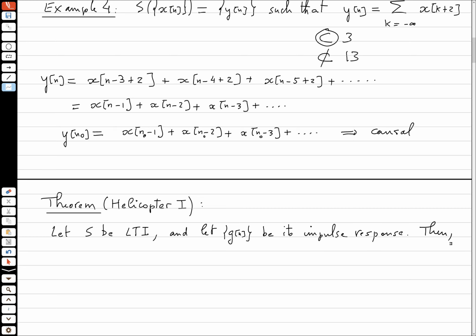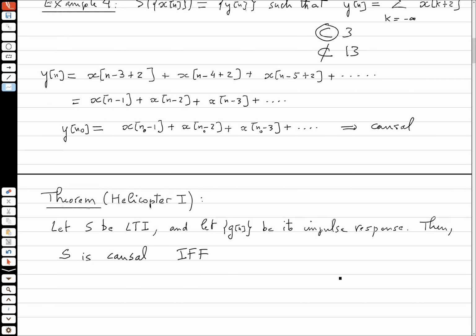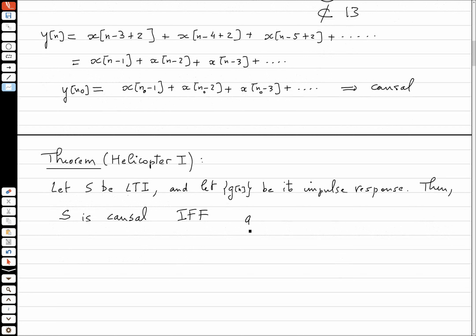Then the theorem says the following: S is causal if and only if, you understand, if and only if g of n equals 0 for all n negative.